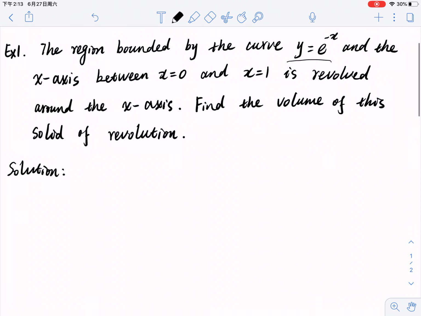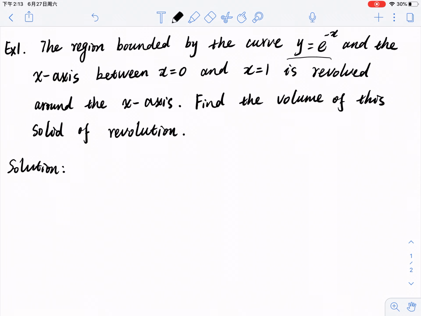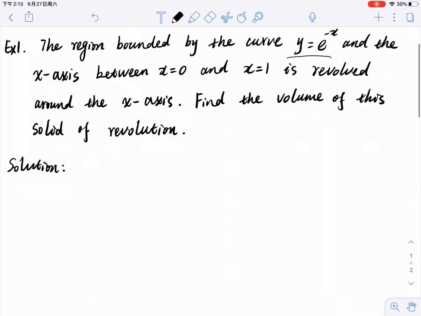So we first sketch the graph of this function, y is e to negative x, between x is 0 and x is 1.